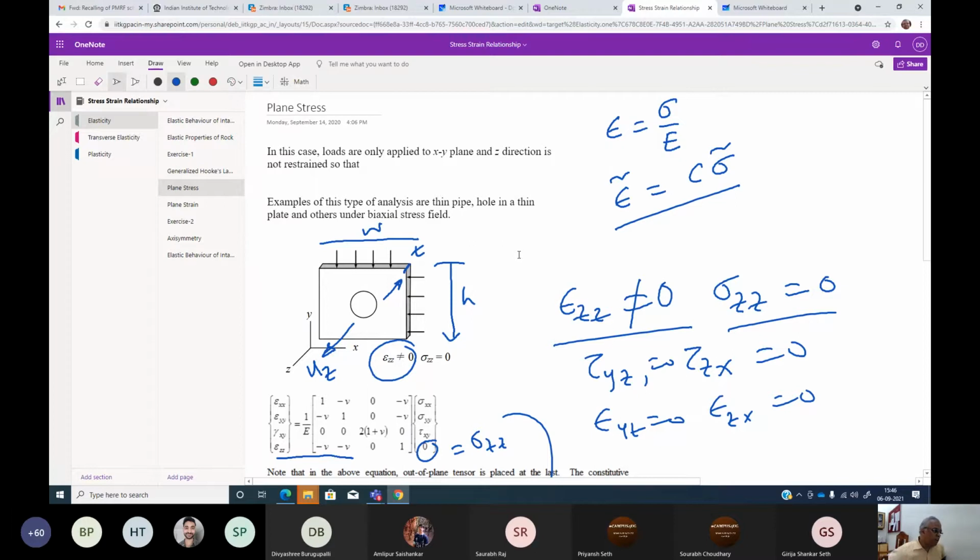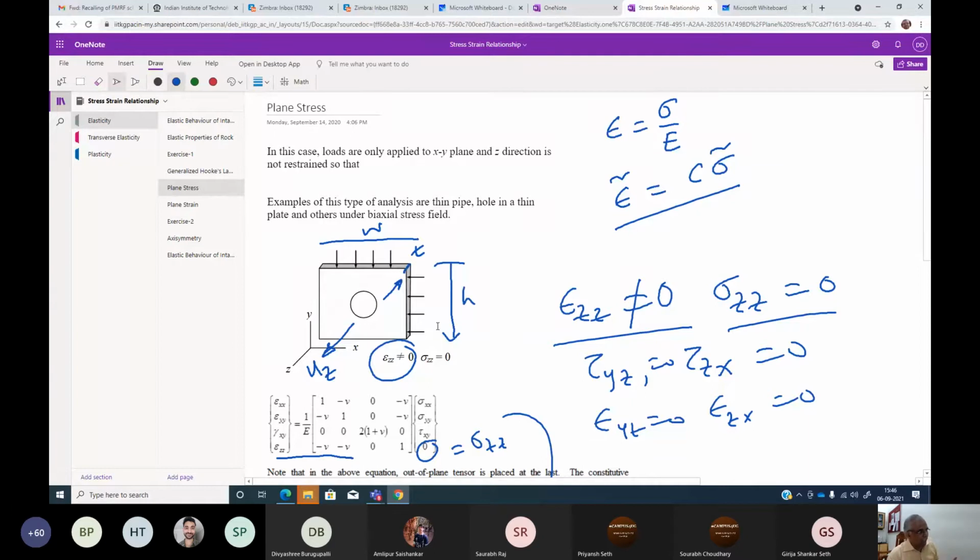If you want to test the aircraft wing under tension load, we normally test it the way we have given here. Here it is given just compression, but in that case the load will be given in tension. And you can see this is a thin plate, aircraft wing, or a car body, the outside body.